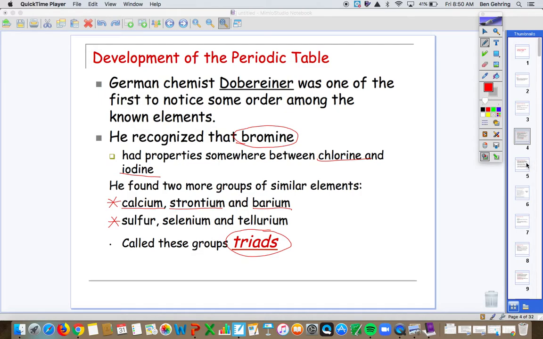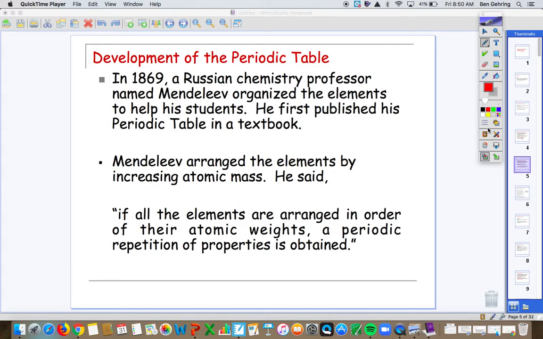And we're going to fast forward, and we're going to end up at 1869. There's a Russian chemistry professor, Dmitry Mendeleev, is the guy. He took this understanding and our current foundation of elements, and he was looking to help his students. What a nice guy. And so he took these elements and put them in a periodic table in a textbook.